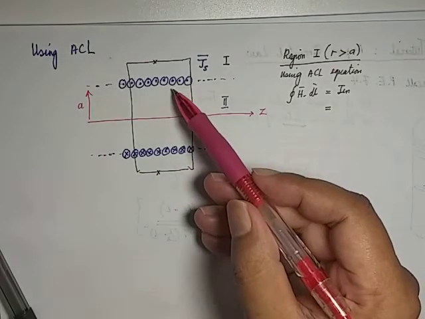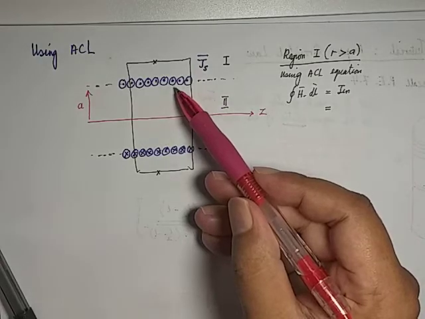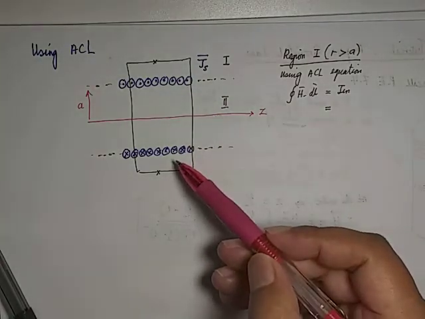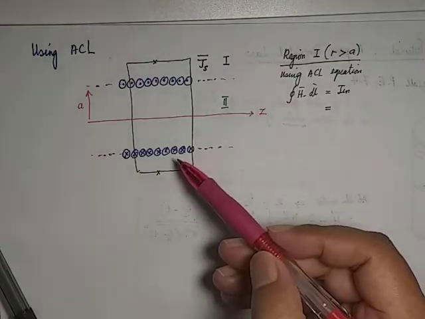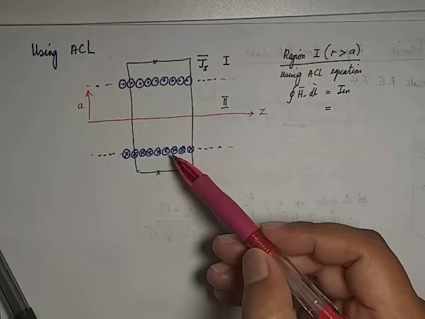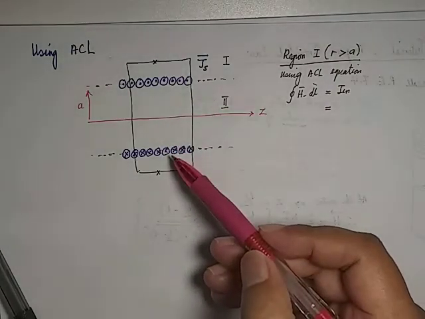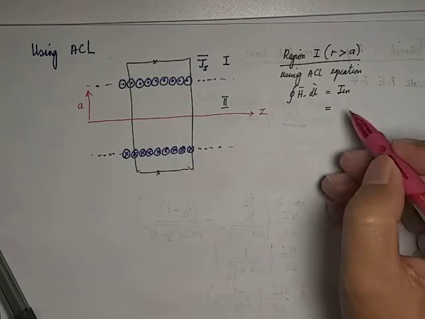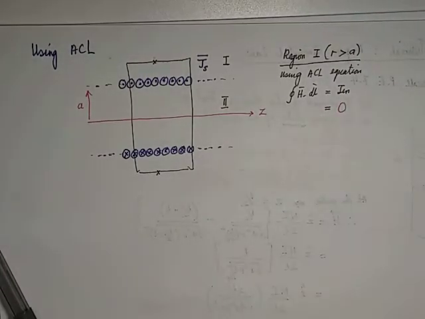In the upper surface current, the current is coming out of the paper, correct? Whereas in the lower surface current, the current is going into the paper. Therefore, the net current would be this current plus this current, but due to the way the current flows with regard to the surface, coming out and going into, we subtract them. Therefore, the final solution for I enclosed is going to be 0.